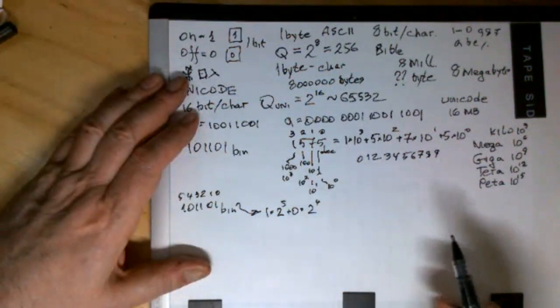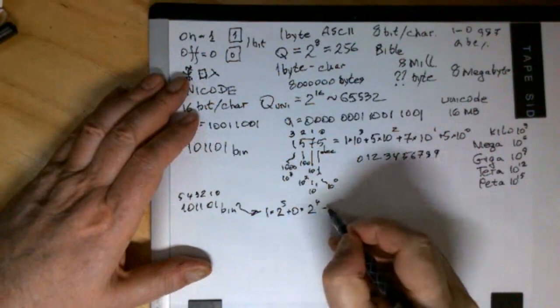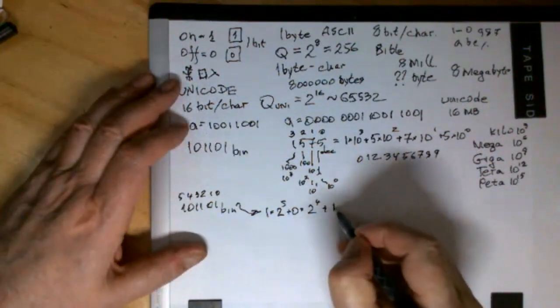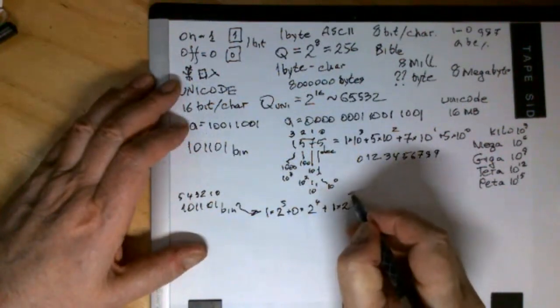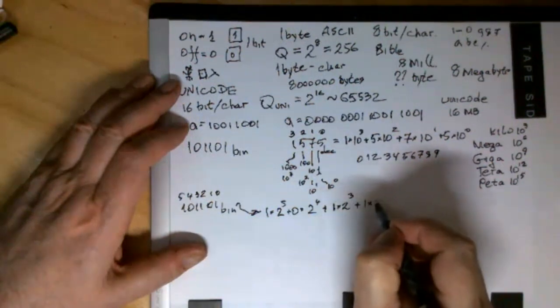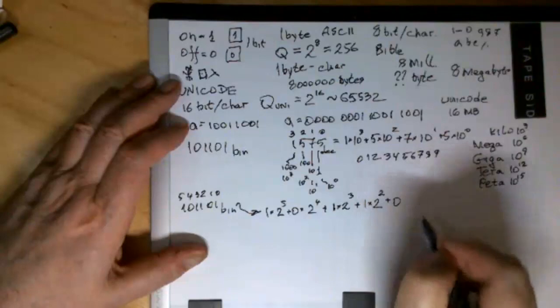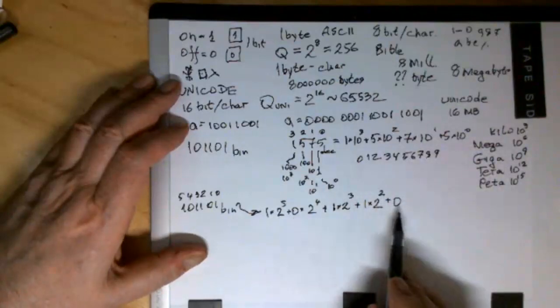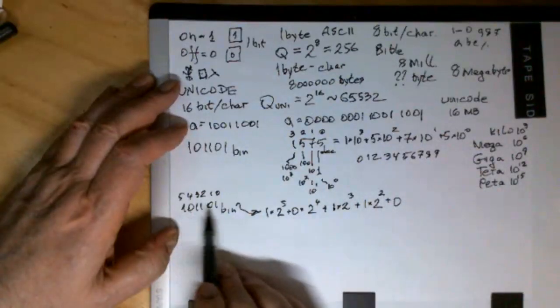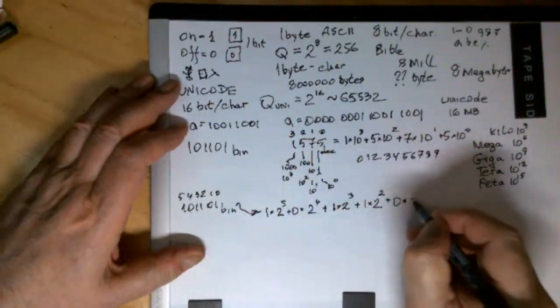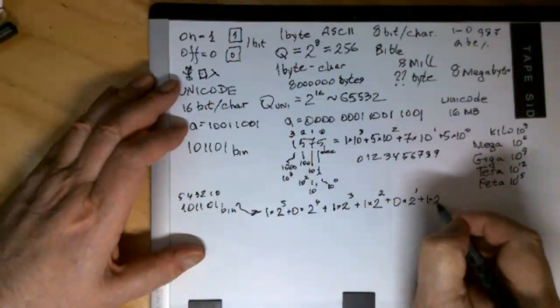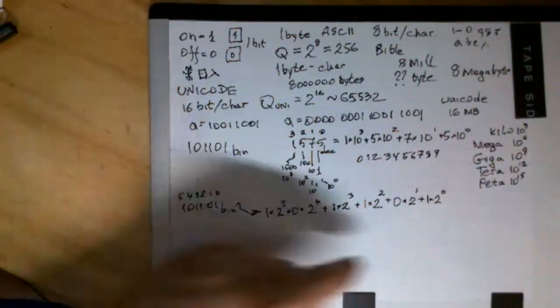Then here is 0, 1, so that will be 2. Plus 1 times 2 in the power of 3 plus 1 times 2 in the power of 2 plus 0. You may wonder why this is 0 and this is 0, because these multipliers are zeros. Multiply by 2 in the power of 1 plus 1 by 2 in the power of 0.